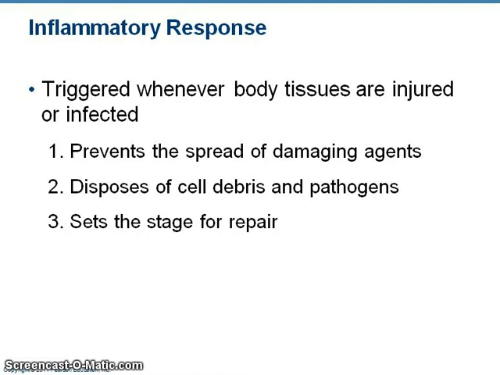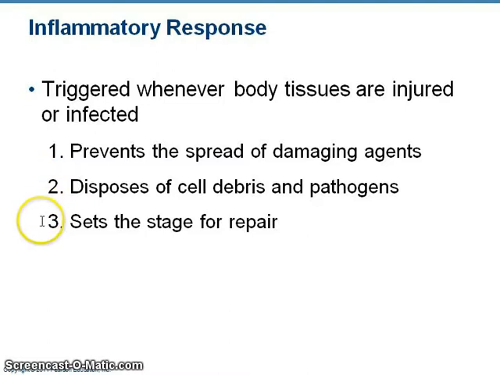So anytime your body's defenses are breached, you've ruptured your skin or a mucous membrane, you get inflammation. This is ultimately going to prevent the spread of damage, seal off the area, cause coagulation, blood clots, all of that stuff. It'll dispose of the debris and the pathogens, so your macrophages and other white blood cells, and then it sets the stage for repair.